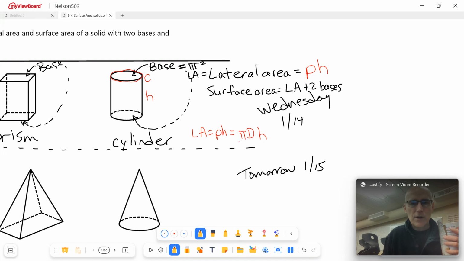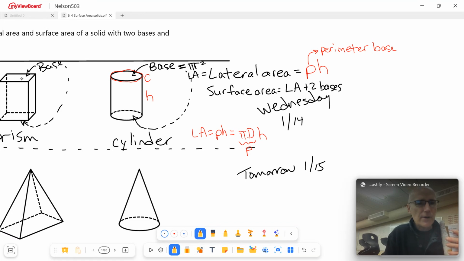I want you to think about it in your head. Why am I putting pi times diameter there? Because that is the perimeter of the base. That's what P stands for, perimeter of the base. So let's make a note of that. That's the perimeter of the base. Now, I know I forgot the word "of" in there.